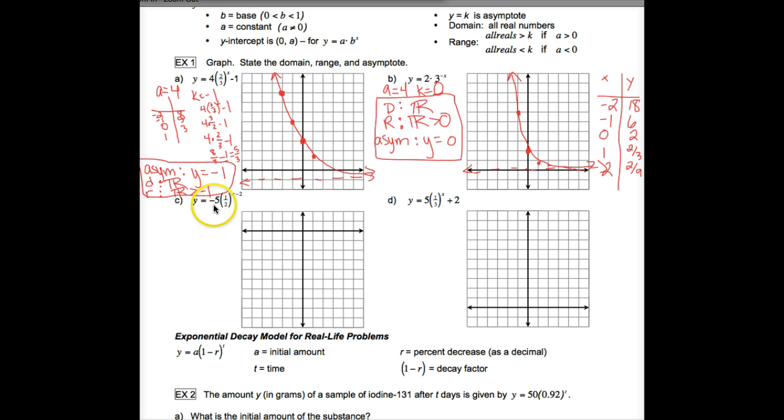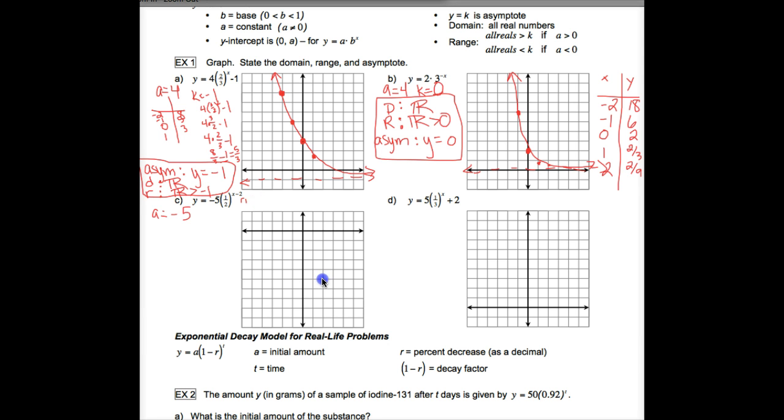Here we have an a value of -5, which means that my starting point originally would be at 0, -5, but I do have some shifting here. I have this -2, which means right 2. So instead of 0, -5, my starting point is going to be at 2, -5.